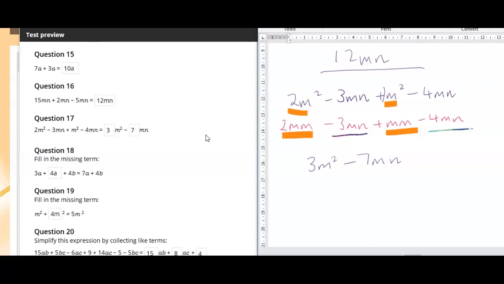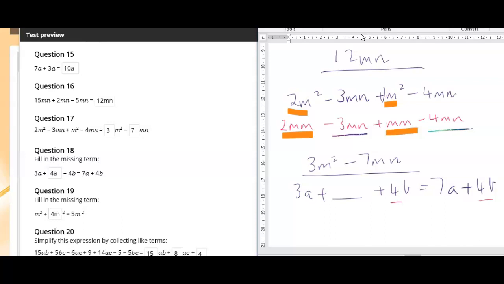Okay, nearly done. Question 18, fill in the missing term. So we've got 3a plus something plus 4b equals 7a plus 4b. We've already got the b's done, but we've only got 3a on the left-hand side and we want 7a.